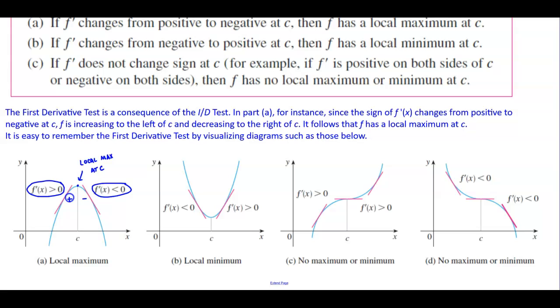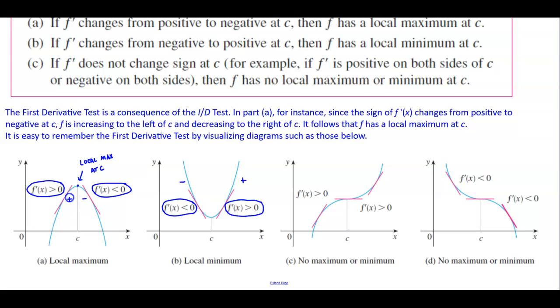Okay, so now if we take a look at the next graph, we can see that the function is decreasing here and then increasing there. Which means that the derivative is going to be less than 0, so we have a tangent line that is decreasing, and then over here we have a tangent line that's increasing.